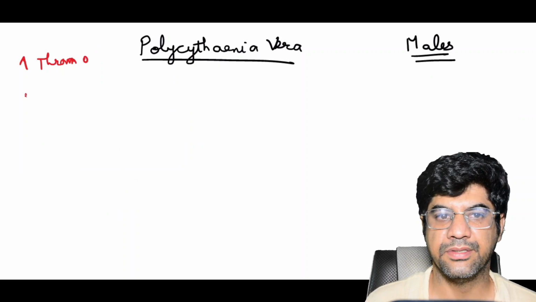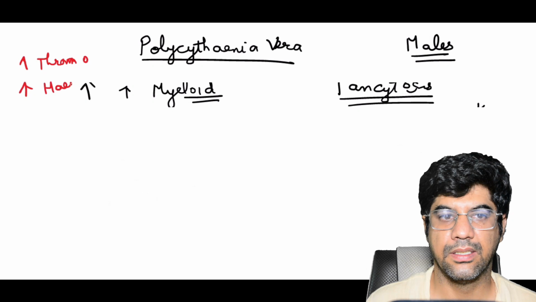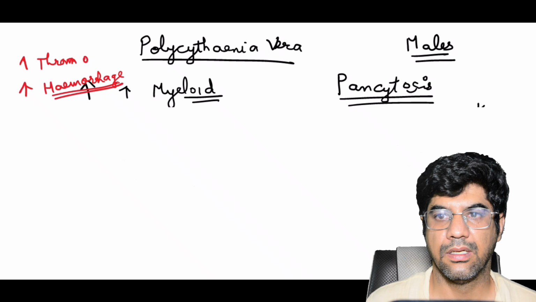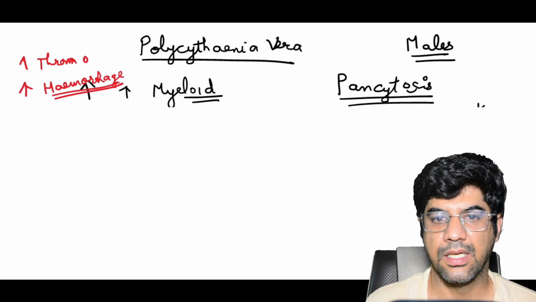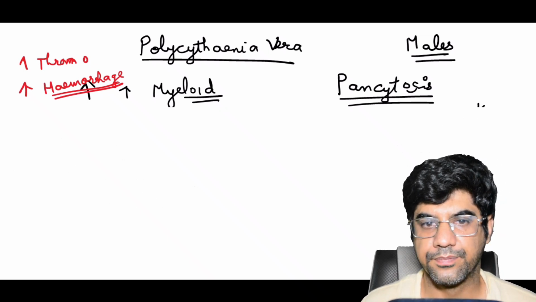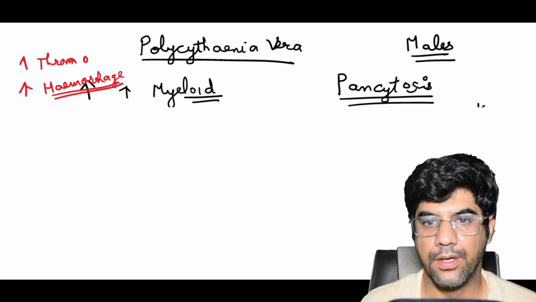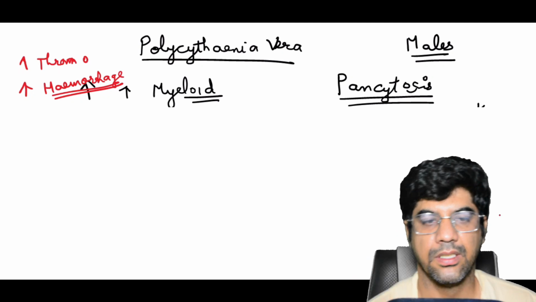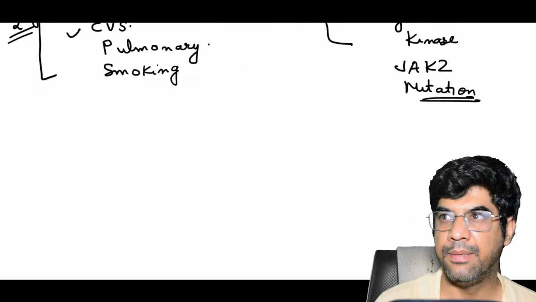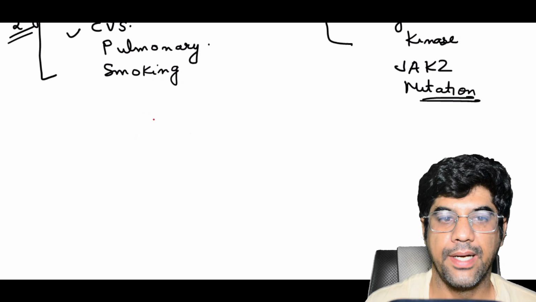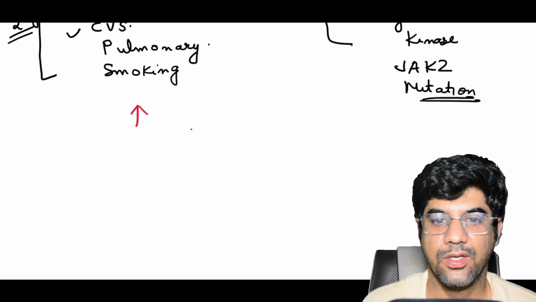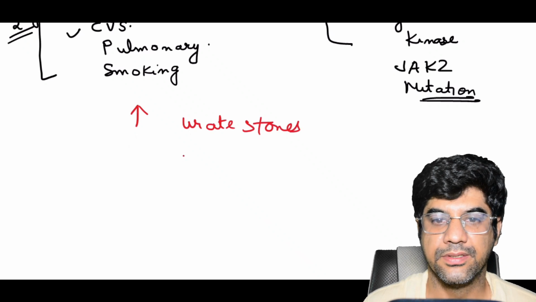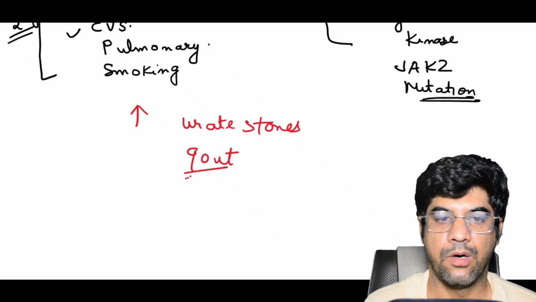There could be increased risk of hemorrhage that could occur due to increased blood volume and intrinsic platelet dysfunction. Apart from that, splenomegaly may be seen, pruritus may be seen, or there may be increased risk of urate stones, gout may be seen.